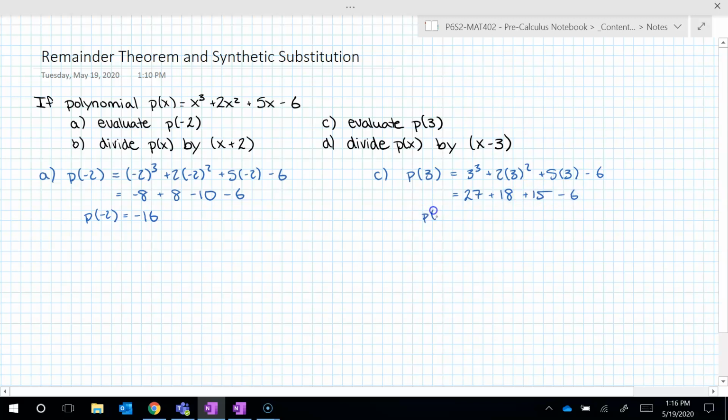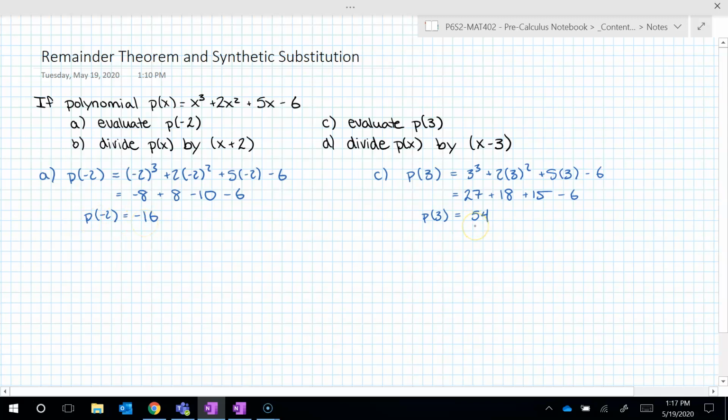And so I end up with p of 3, the value of the function when x is 3: 27 plus 18 is 45, plus 15 is 60, minus 6 is 54. Okay, so I've got p of negative 2 is negative 16.